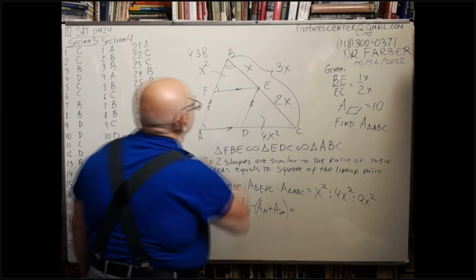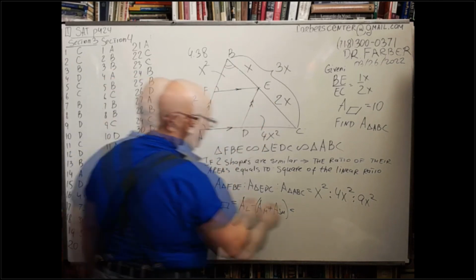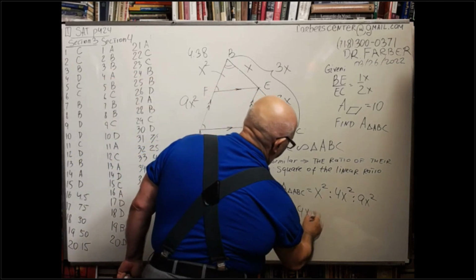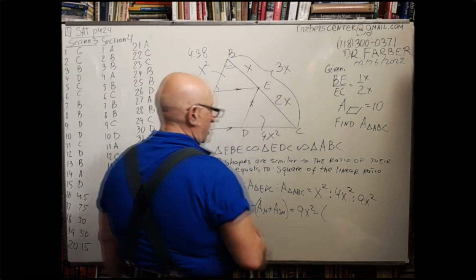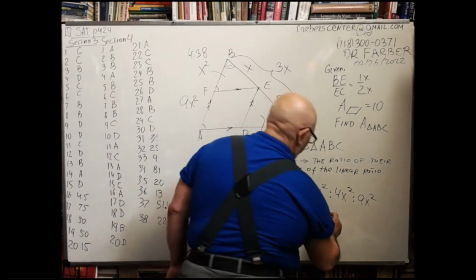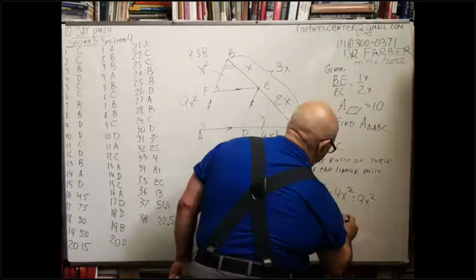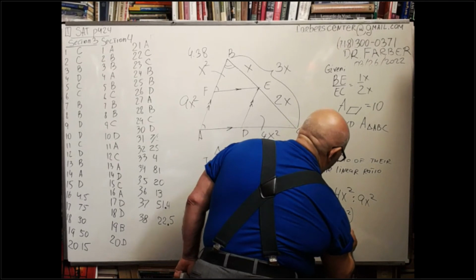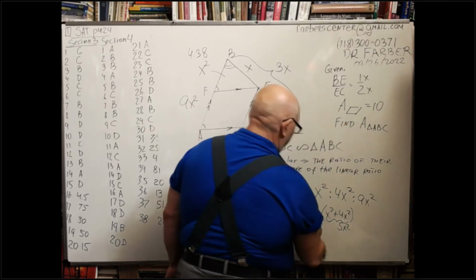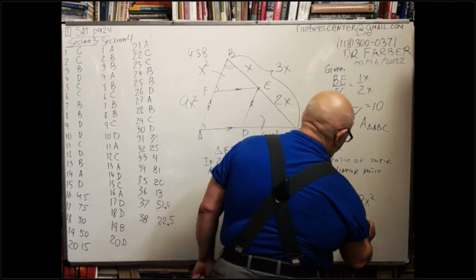So since this is 9x squared, I subtract x squared plus 4x squared, which is 5x squared. 9x squared minus 5x squared is 4x squared.